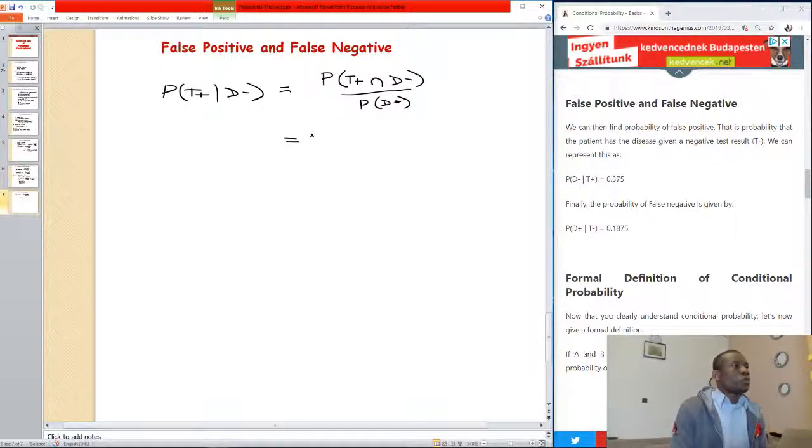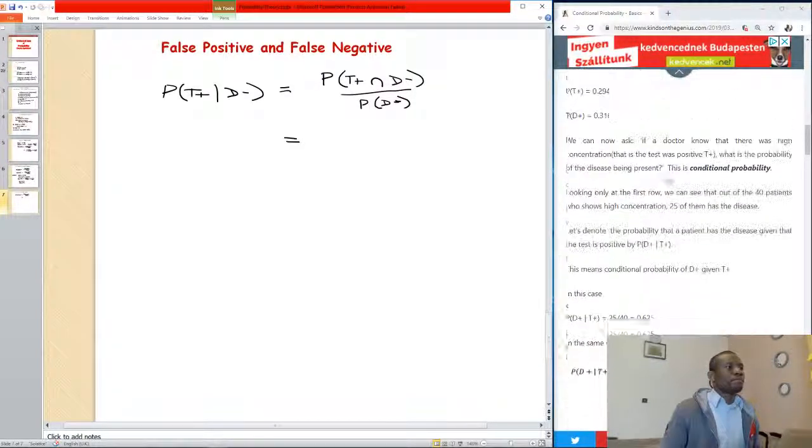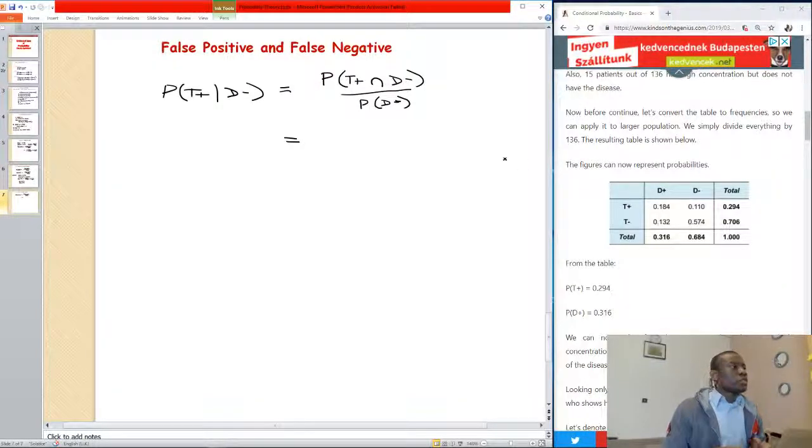From the table, what do we have? We have the probability of T plus intersection D minus, which is 0.110, all over the unconditional probability of D minus, which is 0.684.